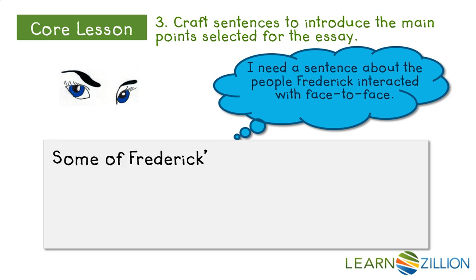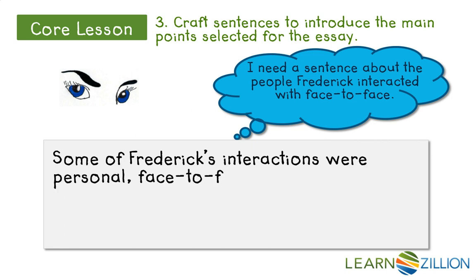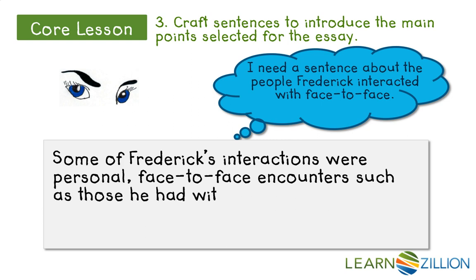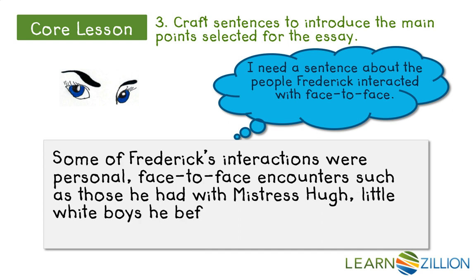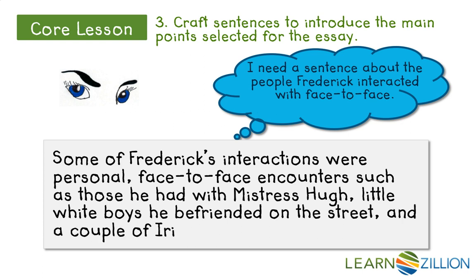Some of Frederick's interactions were personal face-to-face encounters, such as those he had with Mistress Hugh, little white boys he befriended on the street, and a couple of Irishmen he met on a wharf.